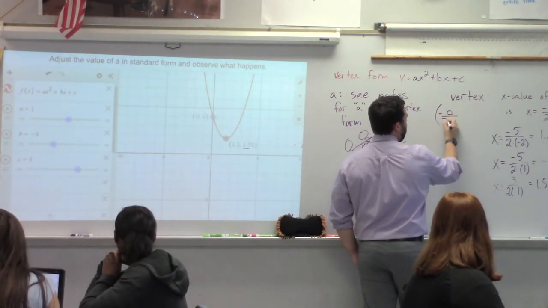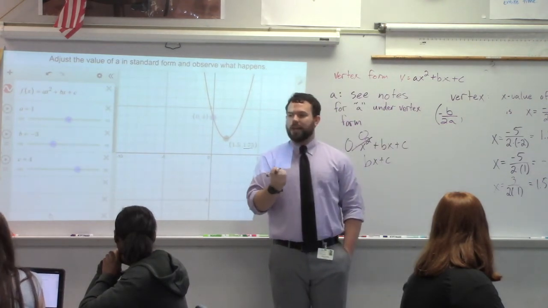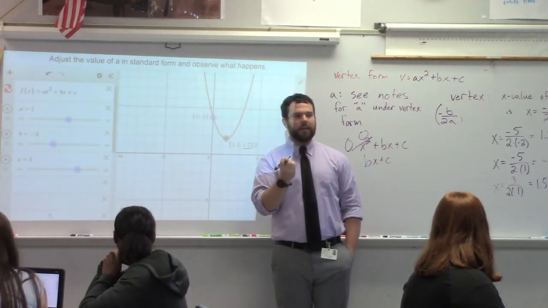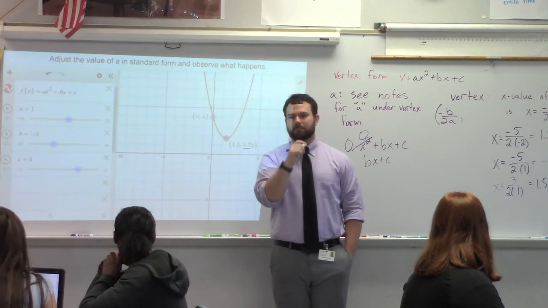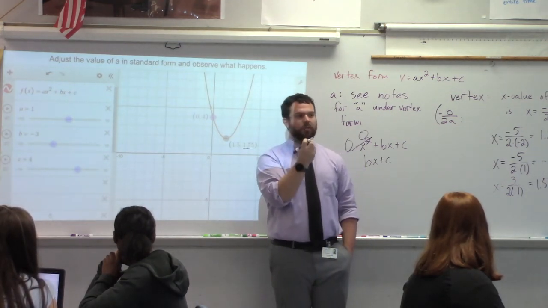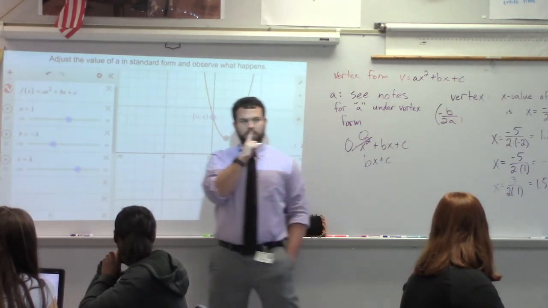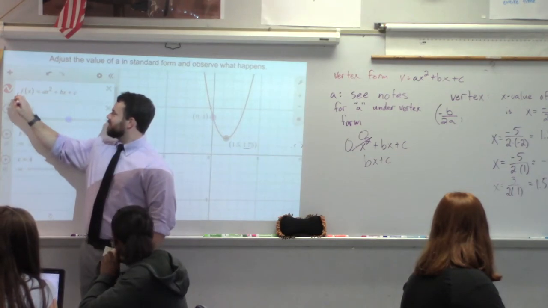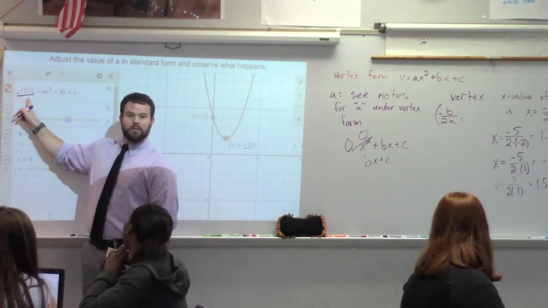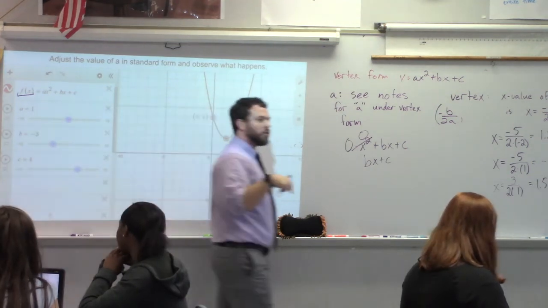Negative b divided by 2a. That's the x value of the vertex, right? What notation can I use to show that the input has been substituted in? What's this called? F of x, that's also known as function notation. You can use function notation.